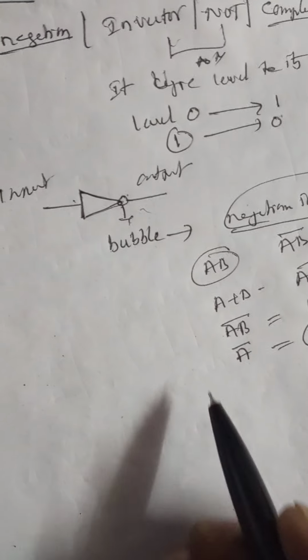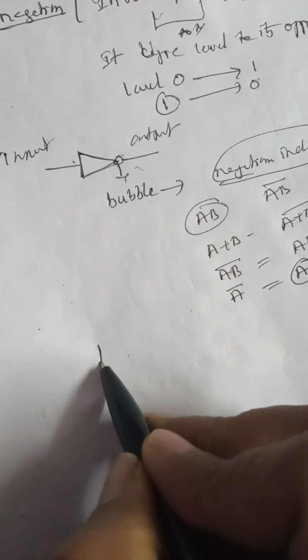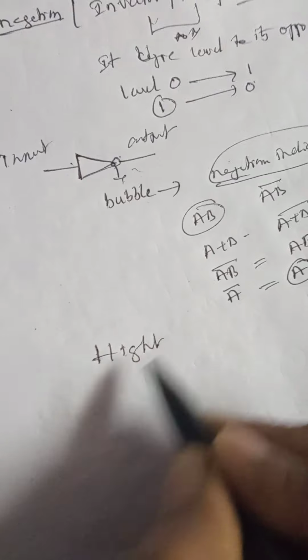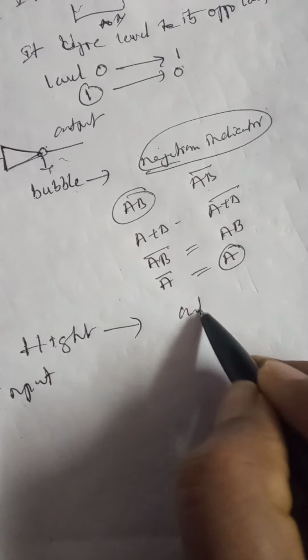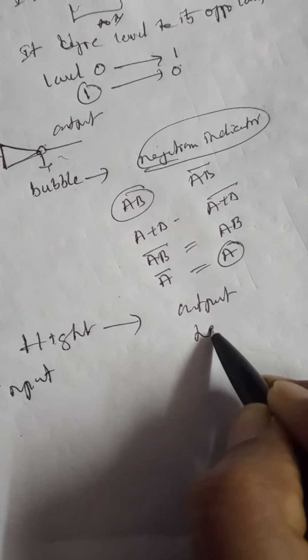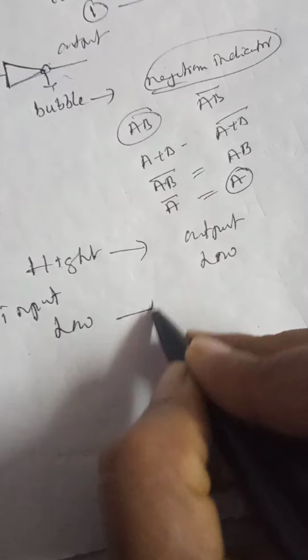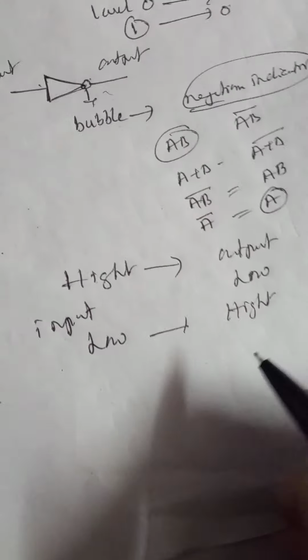Sir, what about the values? So the truth values: when the input is high, its output is low, right? If the input is low, the output is high, right?